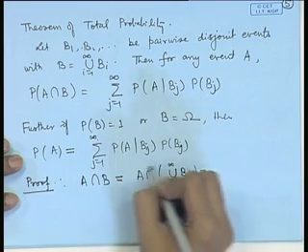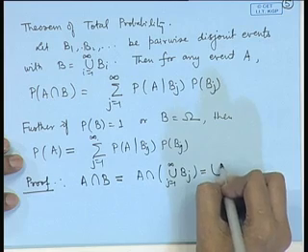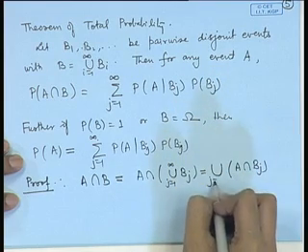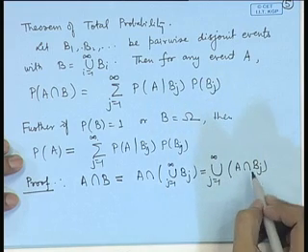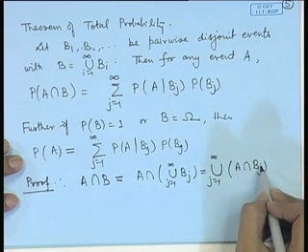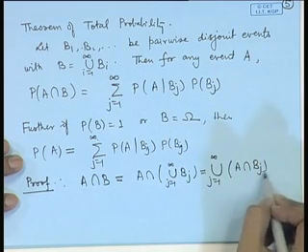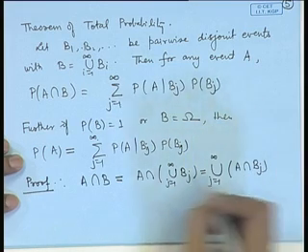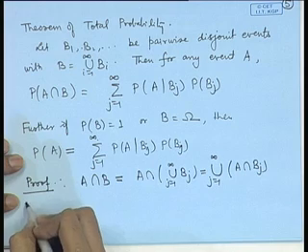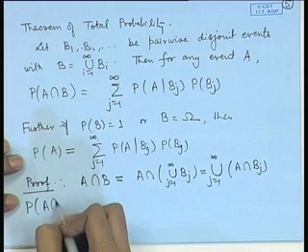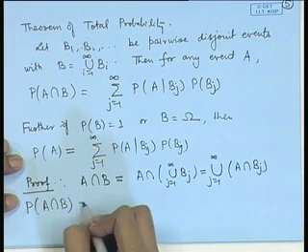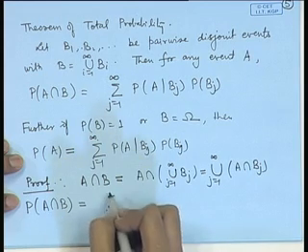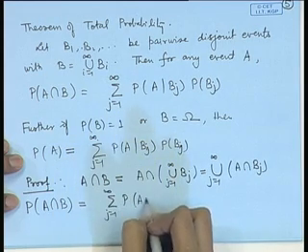By applying the distributive property of the unions and intersections, we can write it as union of A intersection Bj, j equal to 1 to infinity. Now, we notice here that Bj's were pairwise disjoint sets, therefore, A intersection Bj's will also be pairwise disjoint, and therefore, the countable additivity axiom of the probability applies here, and you can write probability of A intersection B as summation of the probabilities of A intersection Bj.